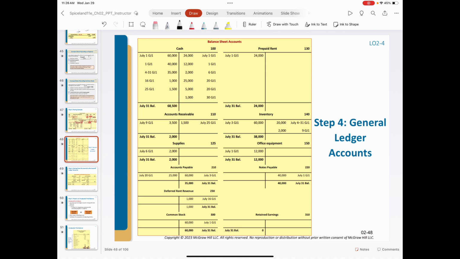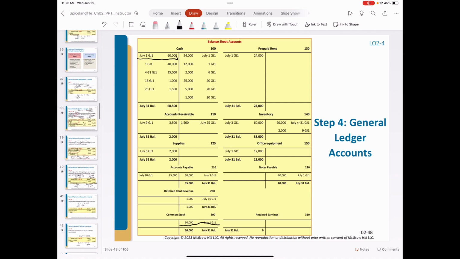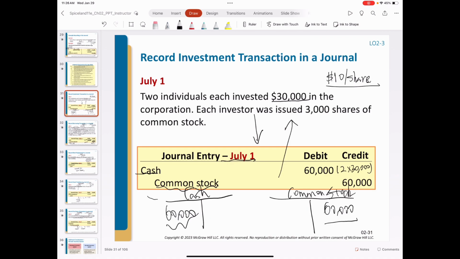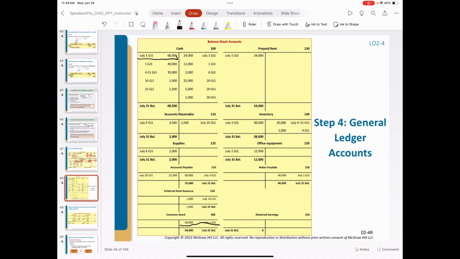For example, the first transaction, we debit cash $60,000 and we credit common stock $60,000. This transaction was just on the first day. We post $60,000 debit to cash and $60,000 to common stock. Also, we can check by the date and the page number to find the journal entry in the general journal.